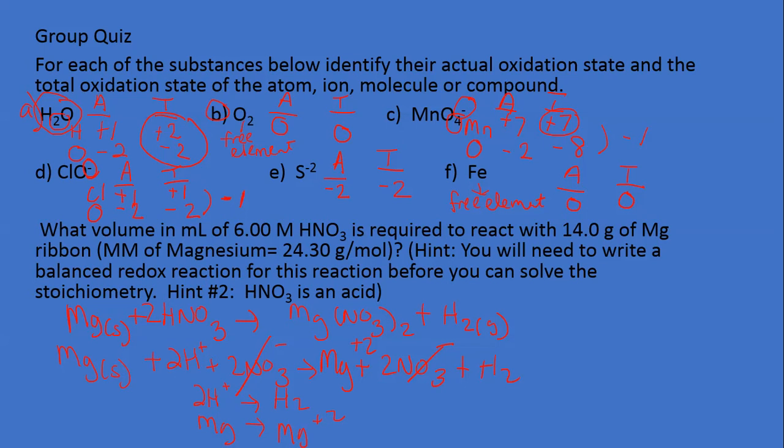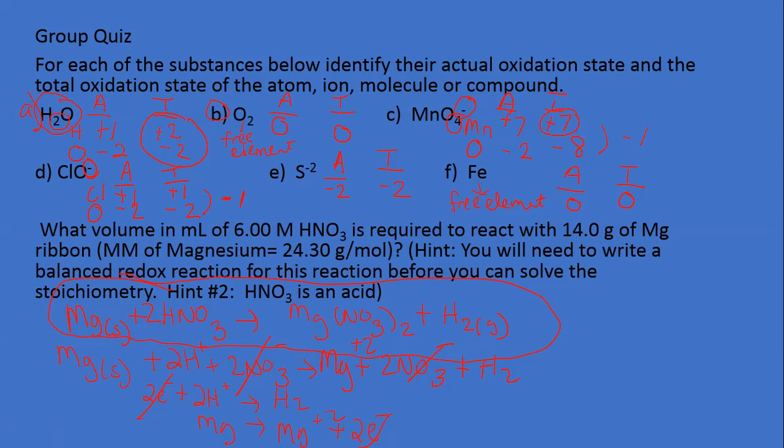The number of electrons going into hydrogen is equivalent to the number of electrons going out of magnesium, so we don't have to do anything because the electrons already cancel. So our reaction is already balanced.